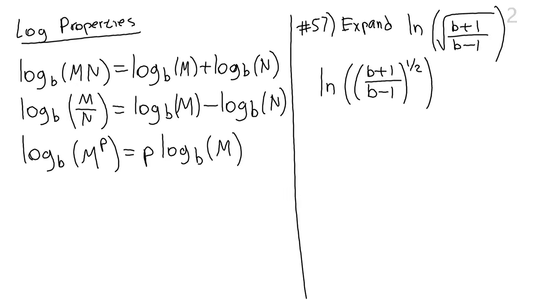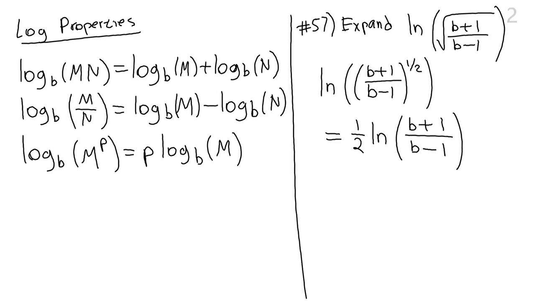So what I'm first going to do here, I'm going to use the power rule. The power rule says that I can bring that 1/2 out front, and this is 1/2 times natural log of b plus 1 divided by b minus 1.